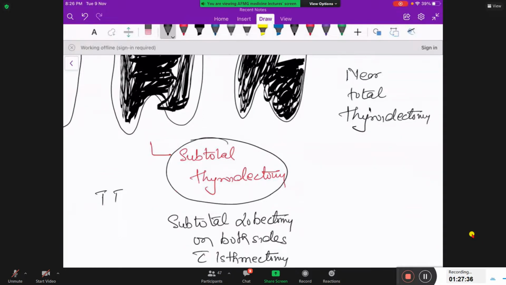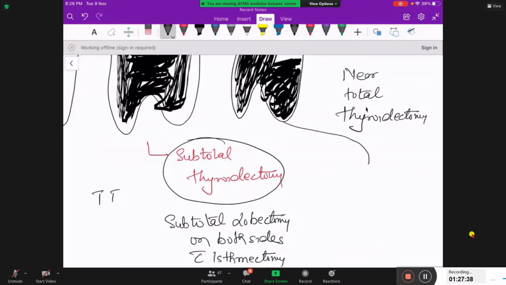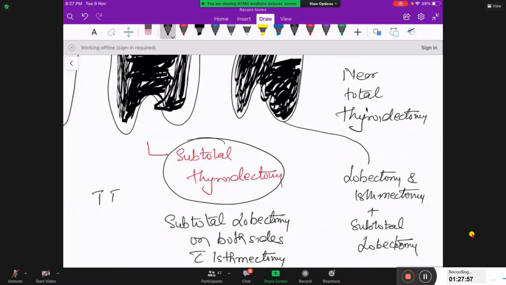And can I say here that I have done lobectomy and isthmectomy with subtotal lobectomy on the other side?